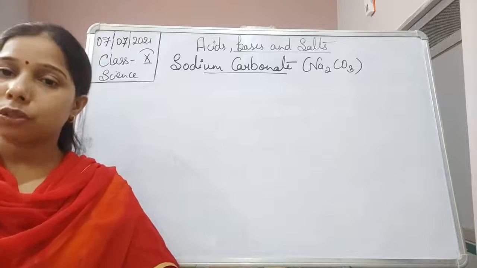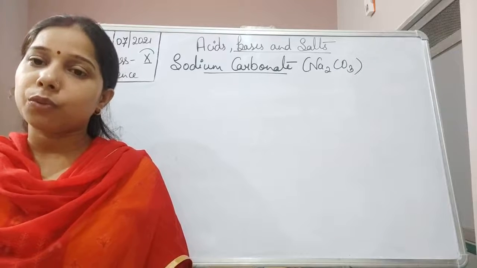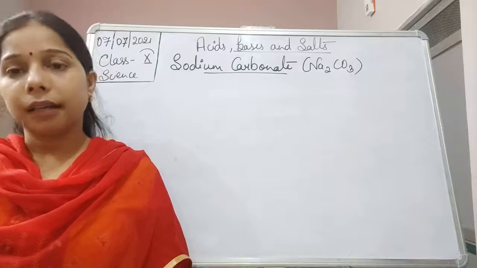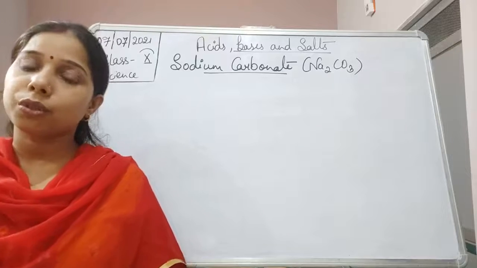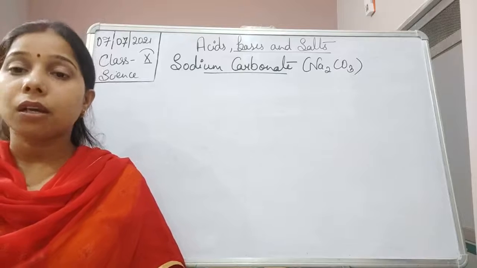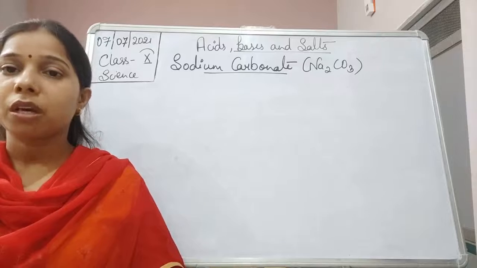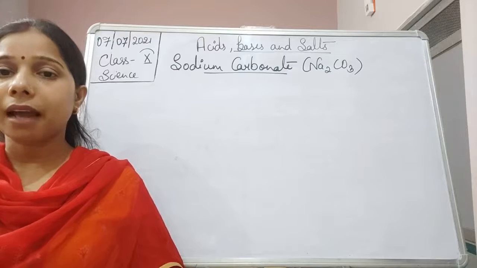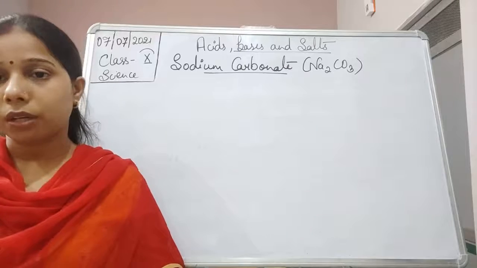And if sodium carbonate has 10 molecules of water, then it will be sodium carbonate decahydrate, and the formula will be Na2CO3.10H2O, and the salt is also called washing soda. So generally we can say that the exact formula of washing soda is the sodium carbonate decahydrate, students.